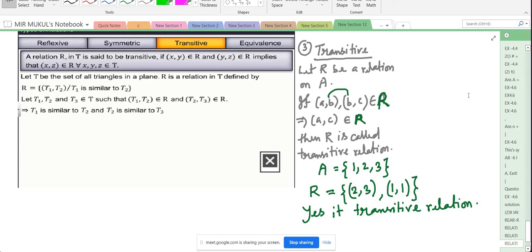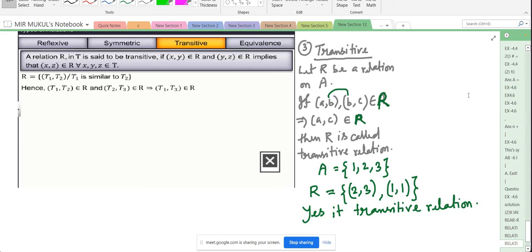Now, T2 is similar to both T1 and T3, so this implies that T1 is similar to T3. This in turn implies that the ordered pair (T1, T3) belongs to set R. Hence, ordered pairs (T1, T2) and (T2, T3) belonging to set R implies that (T1, T3) is also in R. This shows that the relation R in T is transitive.